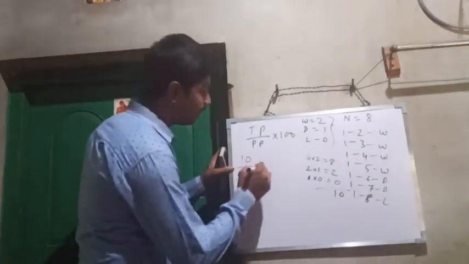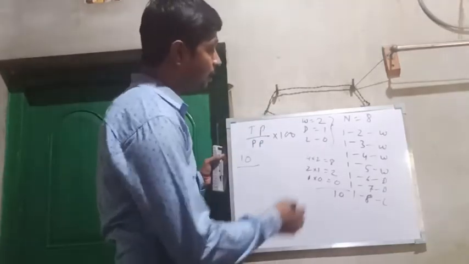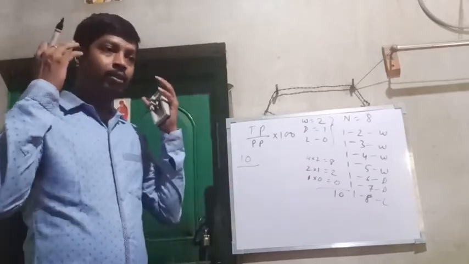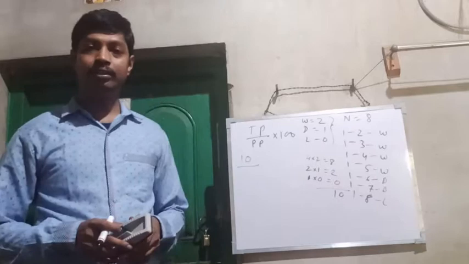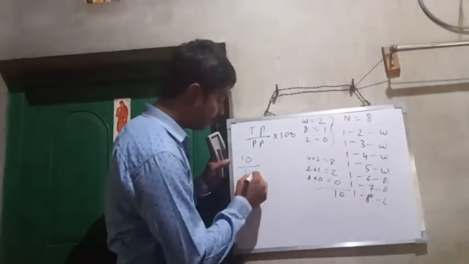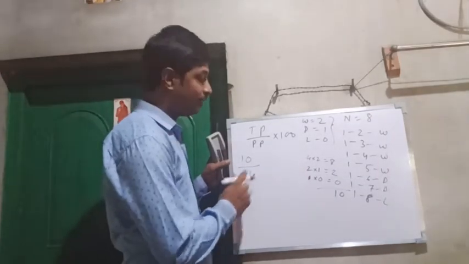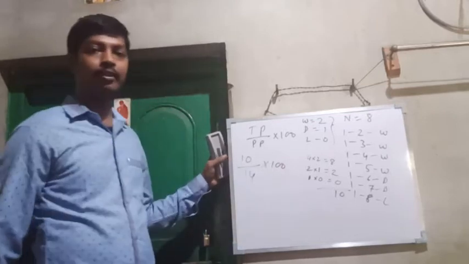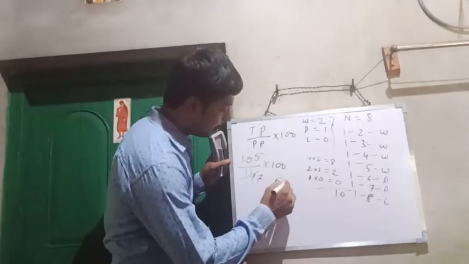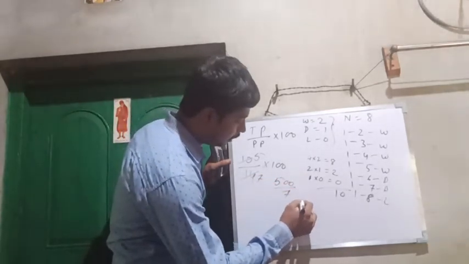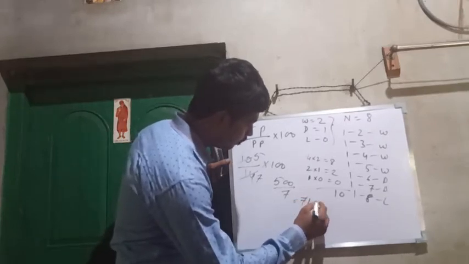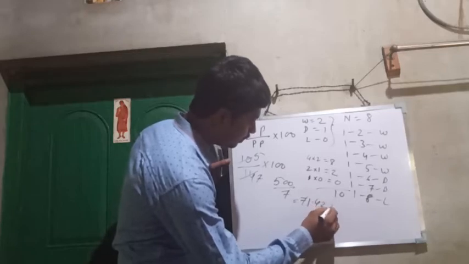So 10 divided by total possible points. There are 7 matches, so one team can be winner 7 times. If a team wins 7 times, the points will be 7 into 2, 14. The possible points is 14, into 100. After that, you can calculate: 500 divided by 7, it will be 71.42%.